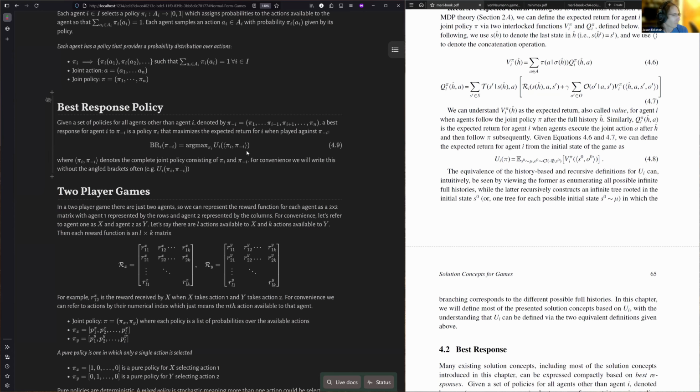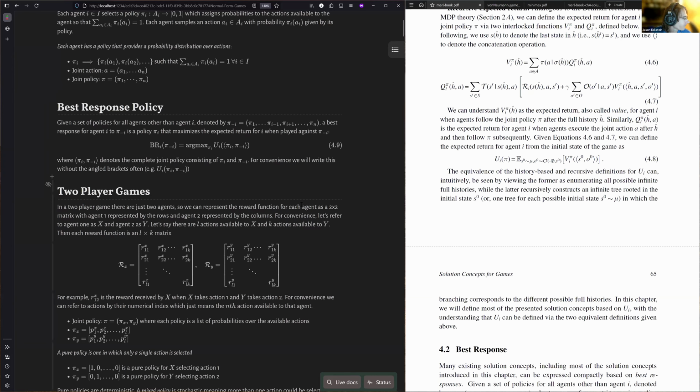But for now, we can at least say if the other agents are fixed, we can come up with a best response, right? Now, of course, we fix them in some arbitrary way. It might not actually represent anything. But the point of this is just that the concept exists that we could calculate a best response if we knew the behavior of the other agents. Makes sense.